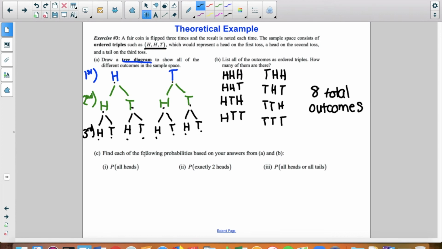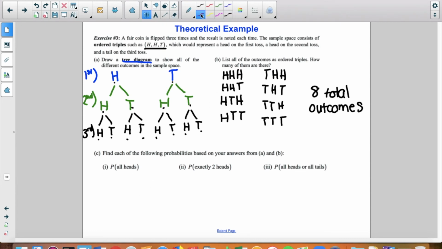All right, now it says find each of the following probabilities. So the first one is the probability that we will get all heads. Okay, looking at all of our outcomes here, I'm actually going to color code this.